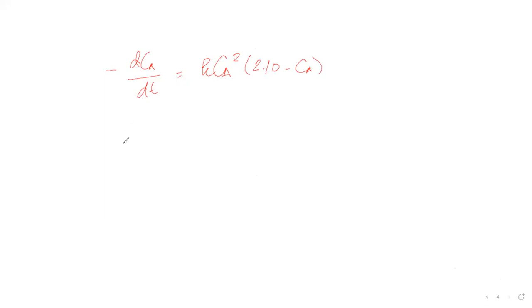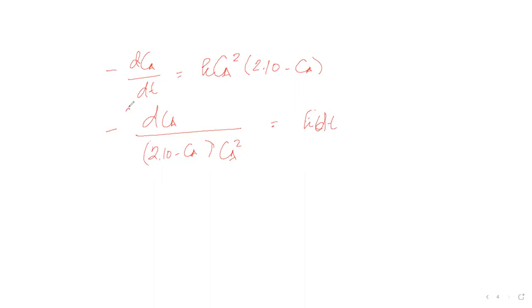Okay? You use your calculator because anyway, we have the limits. If we don't have the limits, you use the method of partial fractions. So CA squared, this separation of variables here, transferred here, and we have K dt.